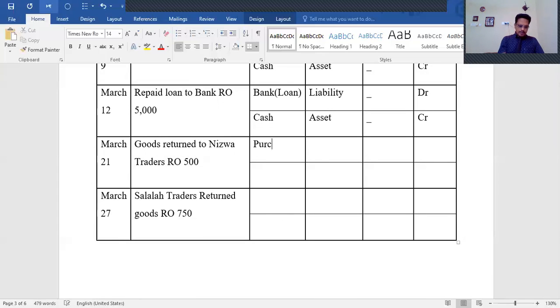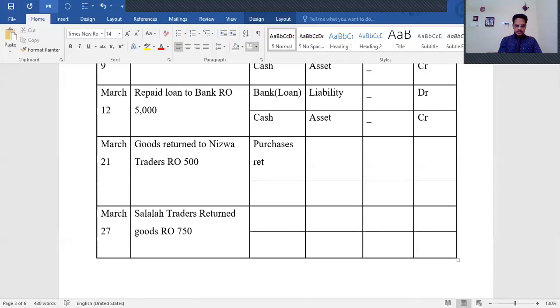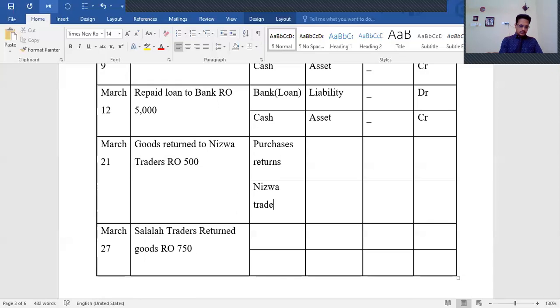One is purchases returns, and the second is Nizwa traders. So these are the two accounts. Now you have to understand whether purchase return is debit or credit, and Nizwa traders, these two you have to understand.